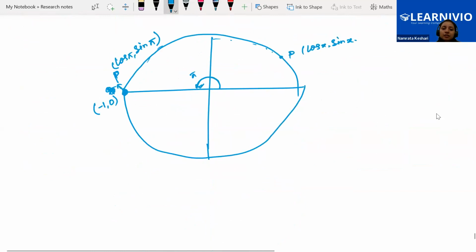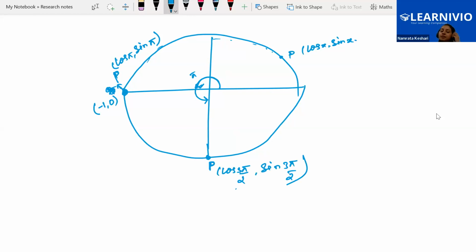Now it has covered this much angle, and here the point P has come over here. After covering that much angle, it is not cos x, sin x; now it is cos 3 pi by 2 and sine 3 pi by 2. What will be the value of cos 3 pi by 2? What will be the value of sine 3 pi by 2?